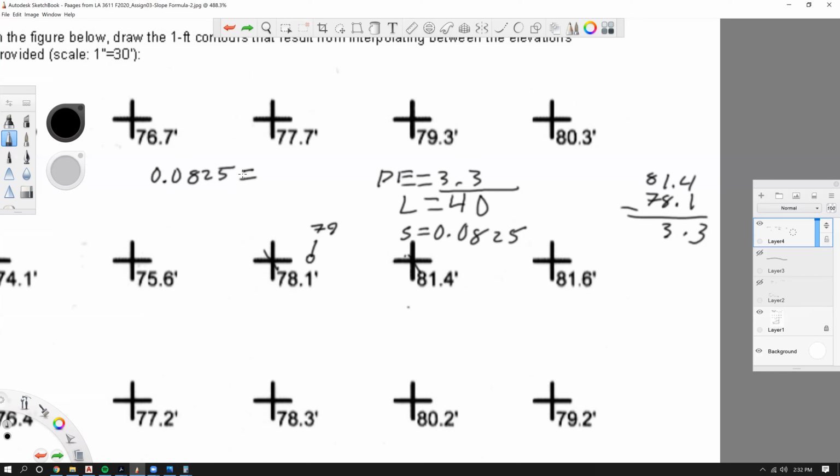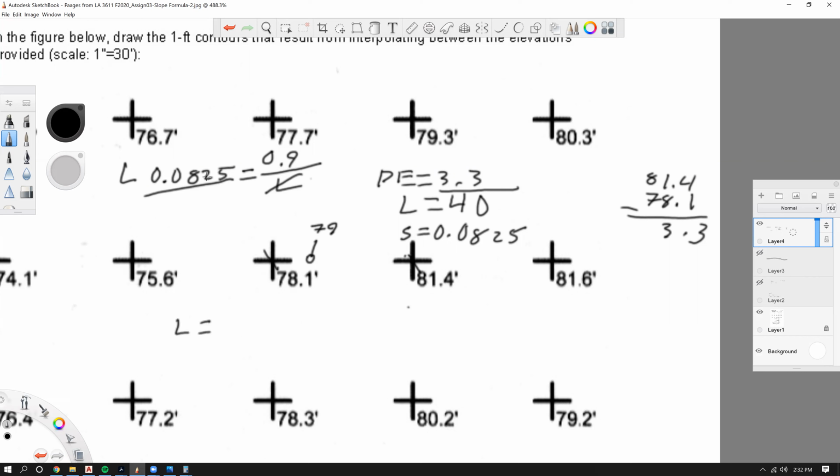That's where we're getting this 0.9 from, the difference in elevation, and we're going to solve for L. By multiplying both sides by L to get rid of it over here, and then dividing by the 0.0825, it's going to give us L.